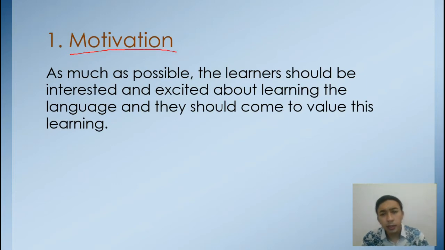There will be a lot of discussion if we talk about motivation, but within these 10 aspects, I would like to give you only the outlines of the explanations. As much as possible, the learners should be interested and excited. We have to underline the words interested and excited, because they deal with motivation about learning the language. If they are interested and excited, then they can value the learning.